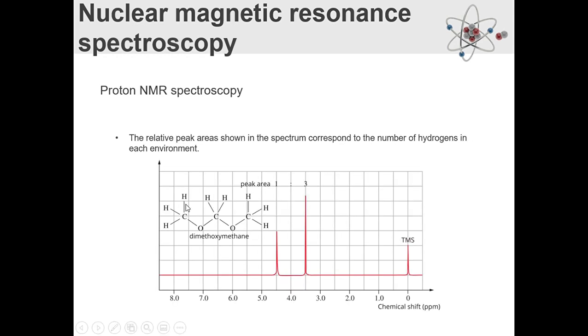Let's go back a few more slides. Let's count out the hydrogens in dimethoxymethane. Well, this hydrogen here, 1 step, 2 step, 3 step, 4 step. It took 4 steps to see that hydrogen, so we know that they're not actually neighbors. They don't really care about each other.